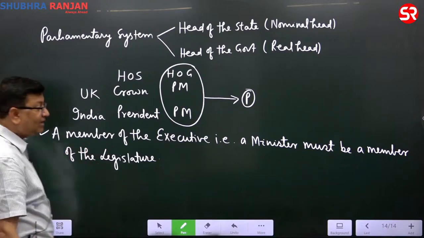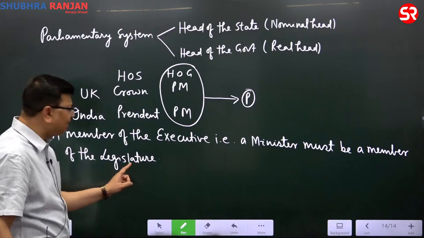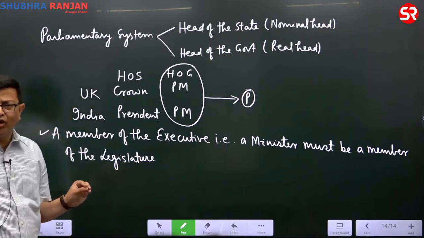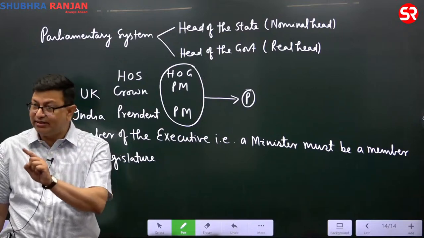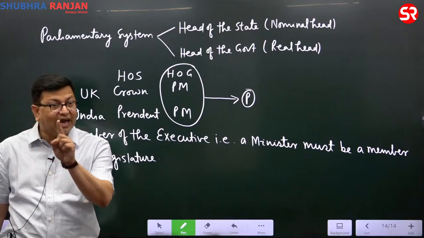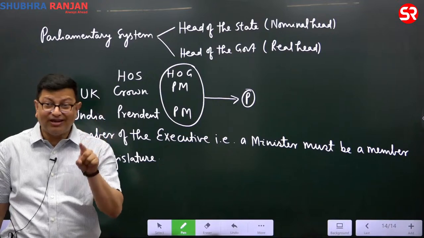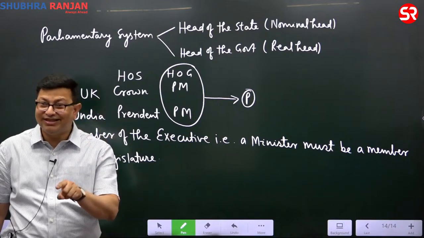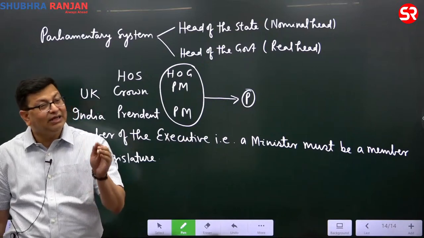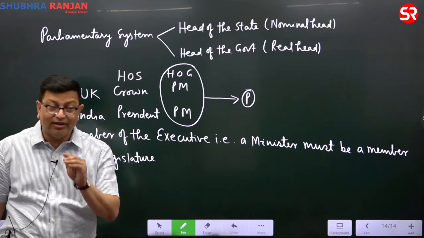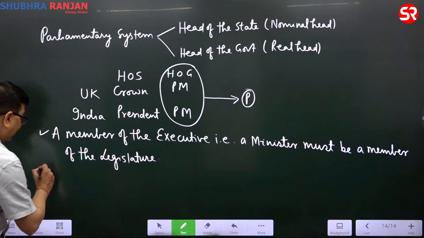So a minister must be a member of the legislature. No doubt, in our country there is a law that even a non-member can be a minister for 6 months. But within 6 months, the person will have to get elected in either the Lok Sabha or the Rajya Sabha.